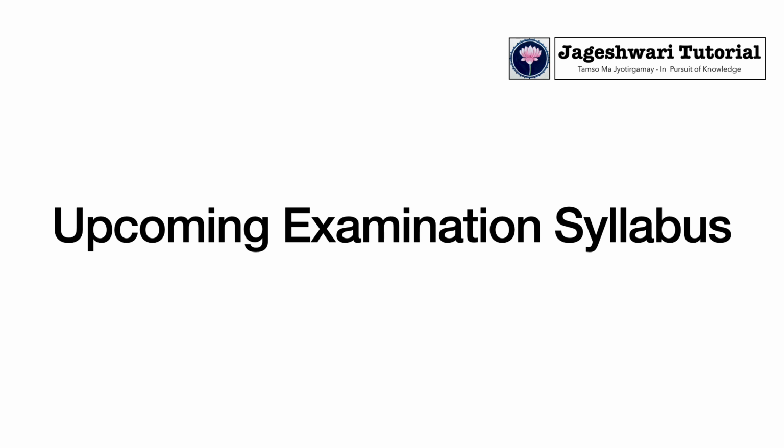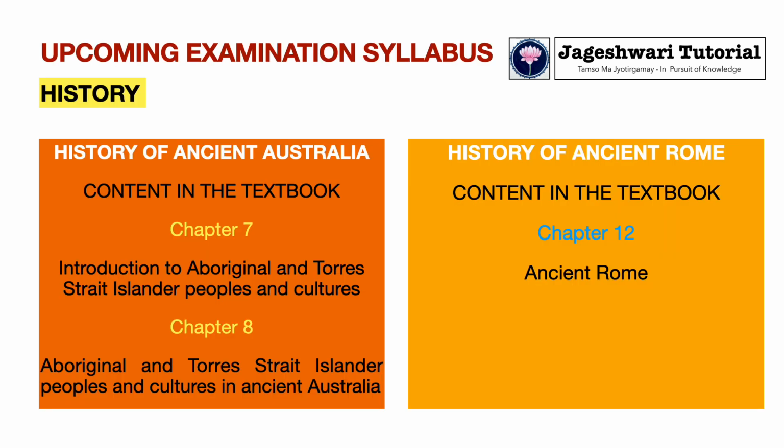Now let's have a look at your upcoming examination syllabus. Your upcoming examination syllabus mentions two topics. First is History of Ancient Australia and the second is History of Ancient Rome.